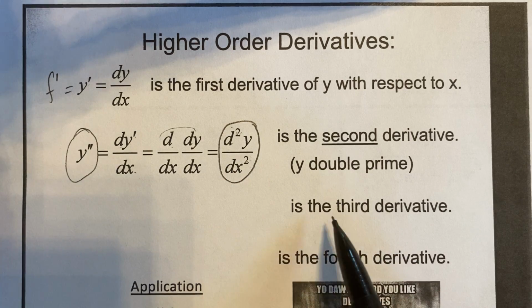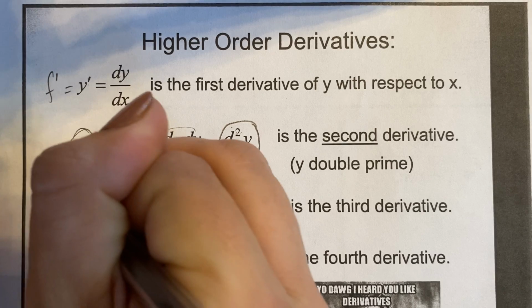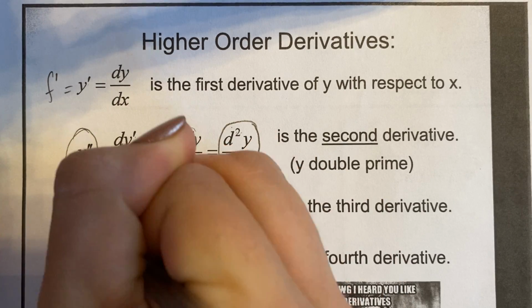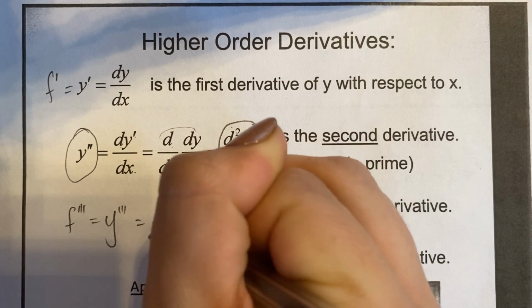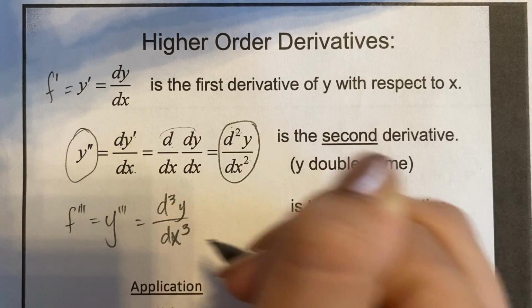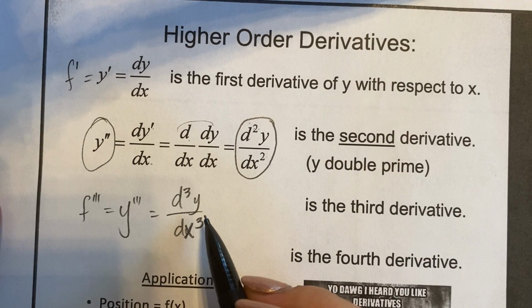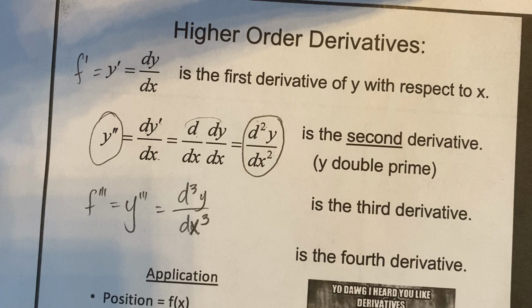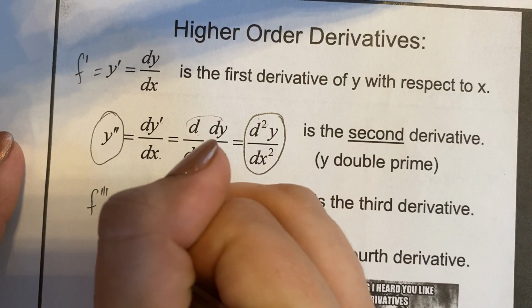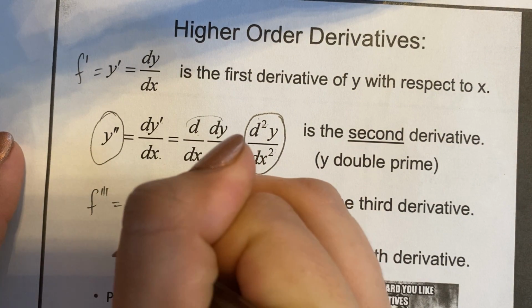So for the third derivative, you would have f triple prime or y triple prime or d cubed y over dx cubed. But you wouldn't say it like that. You would just read all of these as the third derivative typically. The fourth derivative, you'd have y quadruple prime.